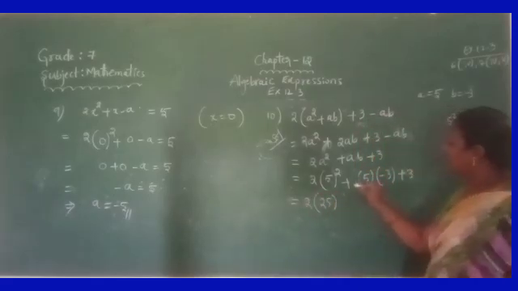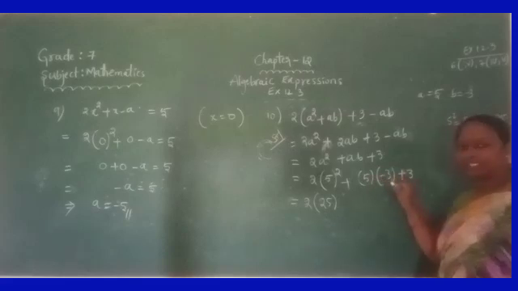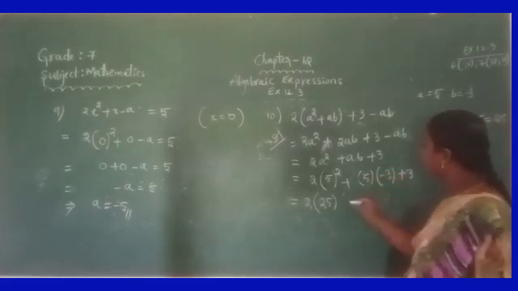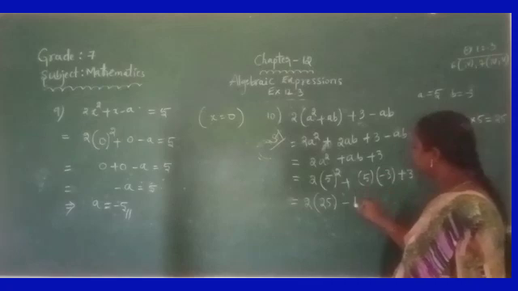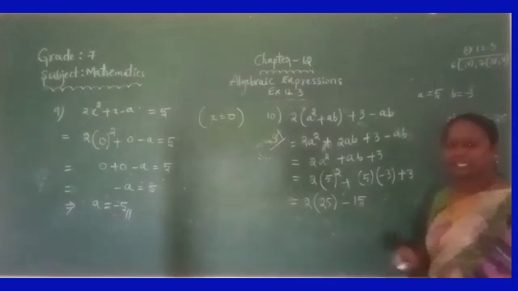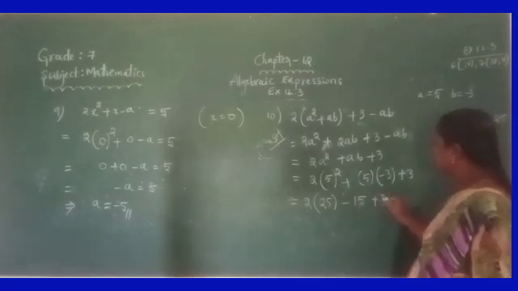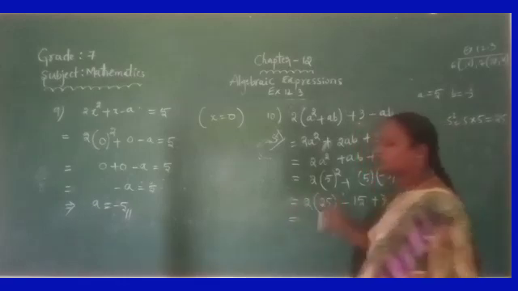Next, here plus 5 into minus 3. Plus into minus is minus. 5 threes are 15. Minus 15 plus 3. Again 2 into 25.